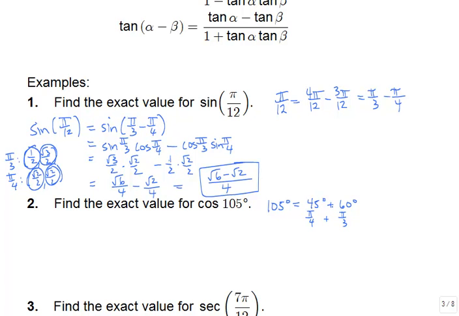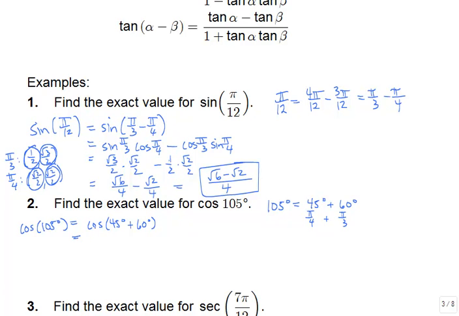So cosine of 105 degrees is really cosine of 45 degrees plus 60 degrees. So we're taking a single angle and we're turning it into a sum of two angles. Now, in order to evaluate this, you have to use your sum formula for cosines.